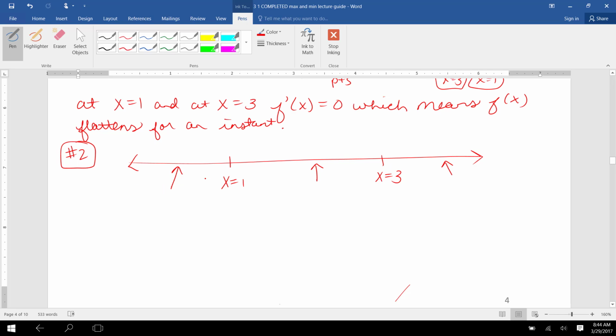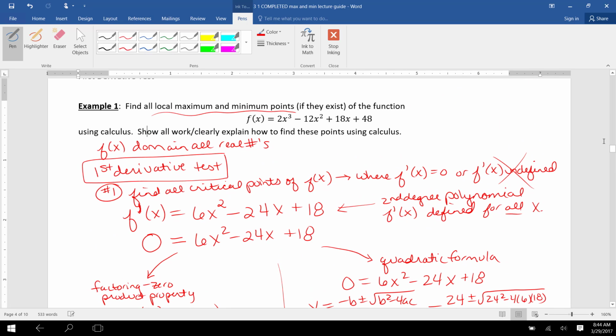So down here to the left of X equals 1, pick any X value. I'm just going to pick 0. We're going to take X equals 0 and evaluate f prime of X at X equals 0. So I plug it right into my f prime function, 6x squared minus 24x plus 18.